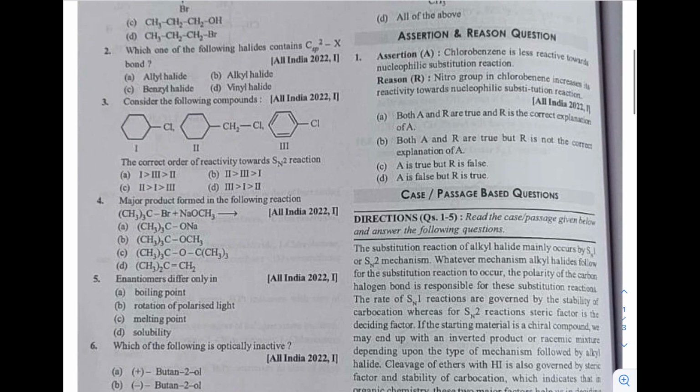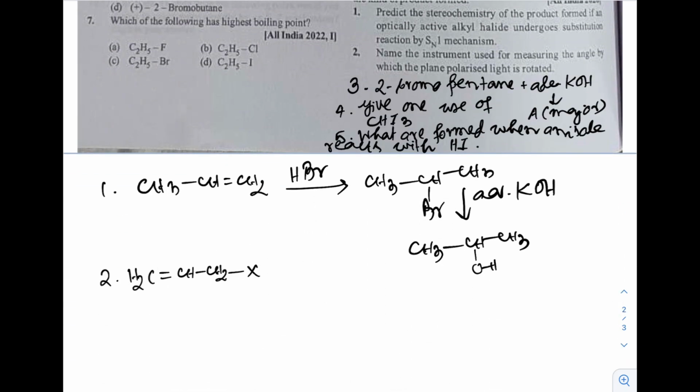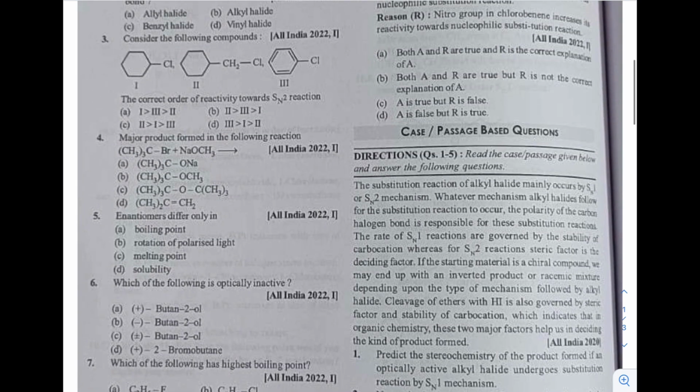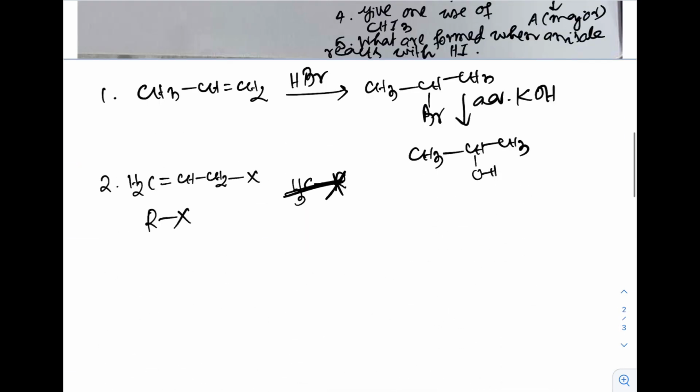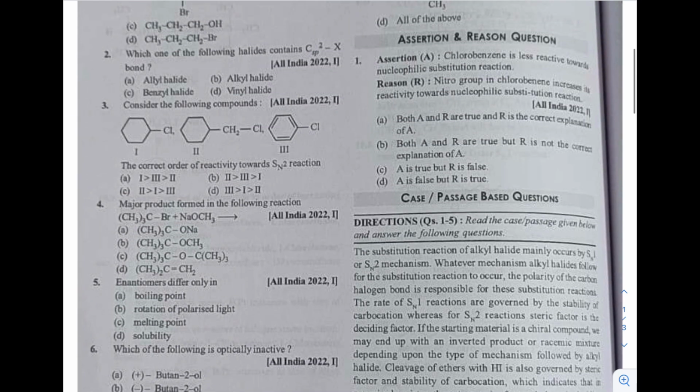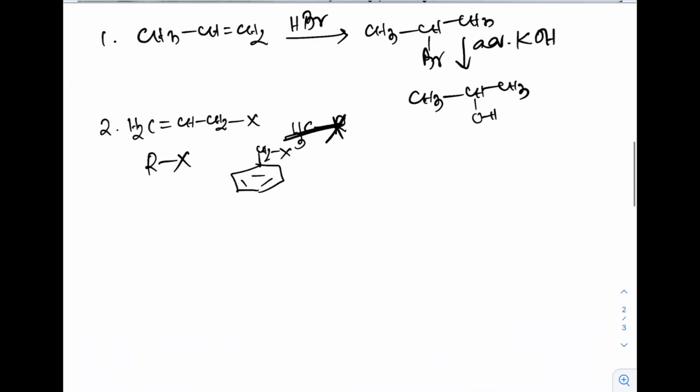Next, alkyl halide, sort of CH3X. We can write it in this way, RX. Next, benzyl halide, this one. And next, vinyl halide. This group is referred as vinyl group, so one halogen is attached with it.